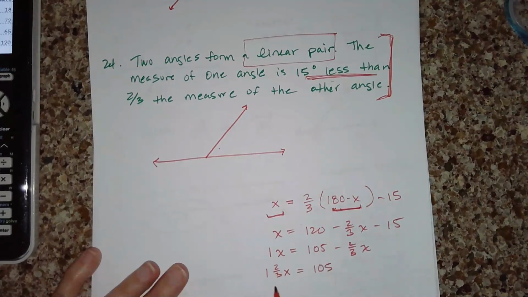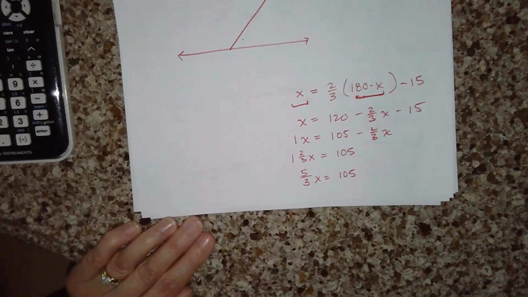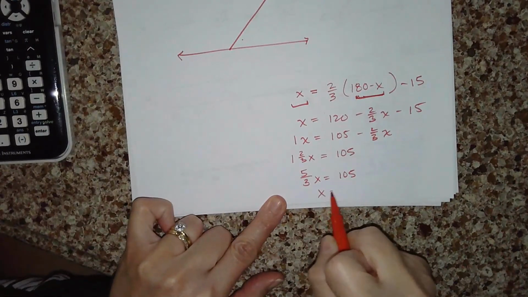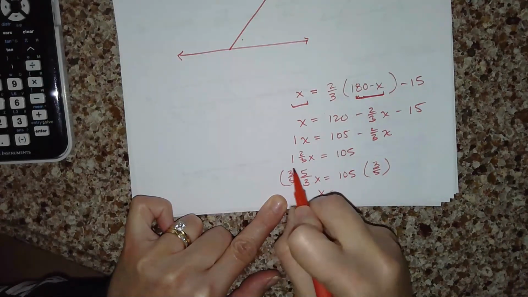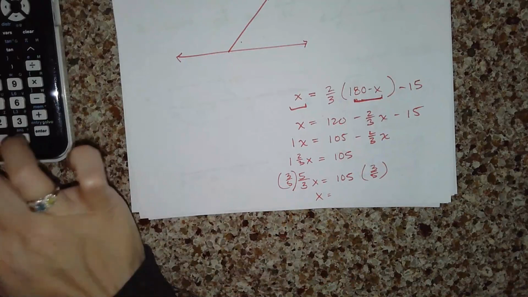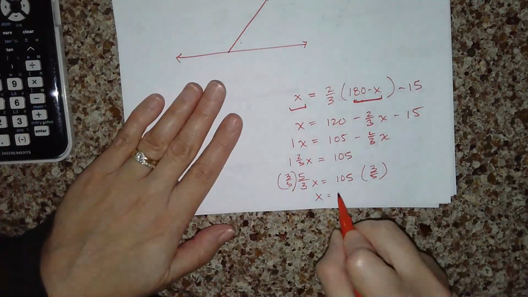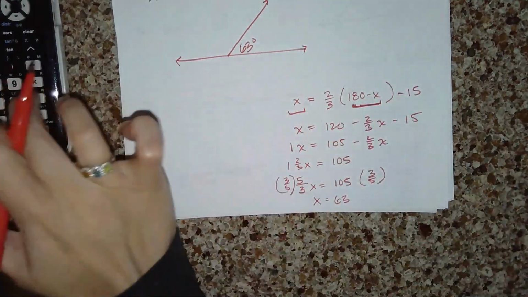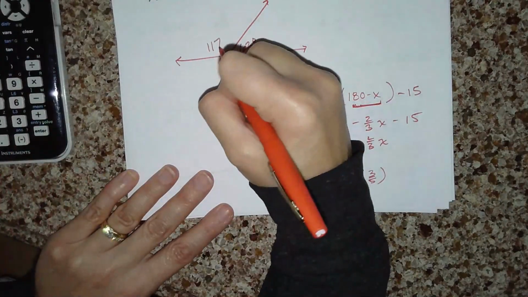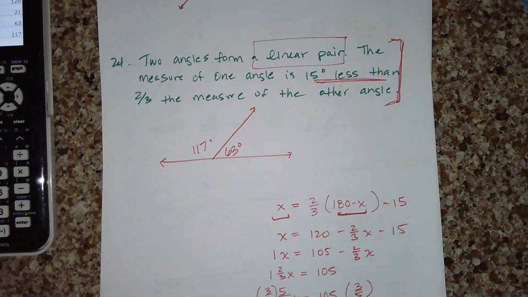I'm just going to change that into an improper fraction. And now I'm going to solve for x. I'm going to multiply both sides by the reciprocal. And I got 63. So if one angle is 63, then the other angle is 180 minus 63, which is 117. All right, that question, again, challenging.